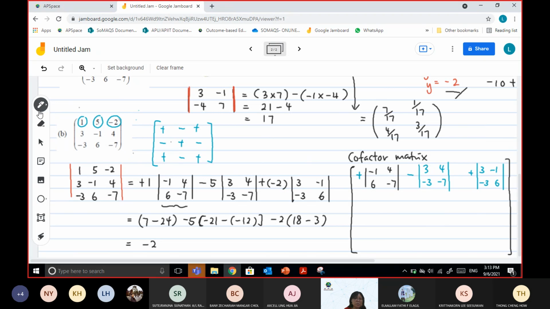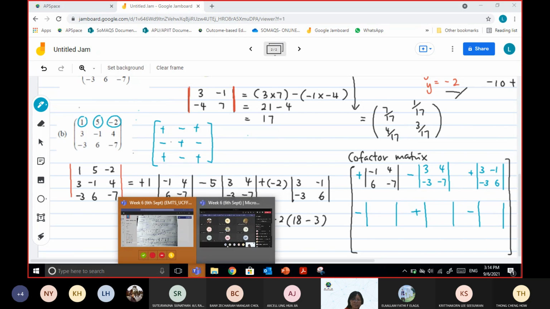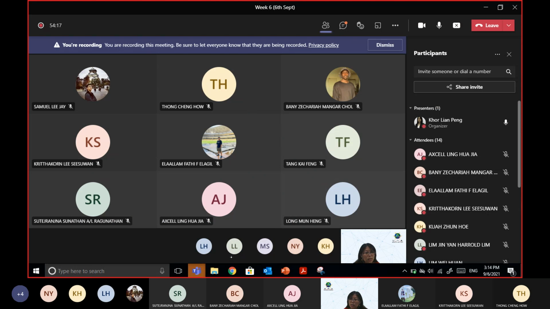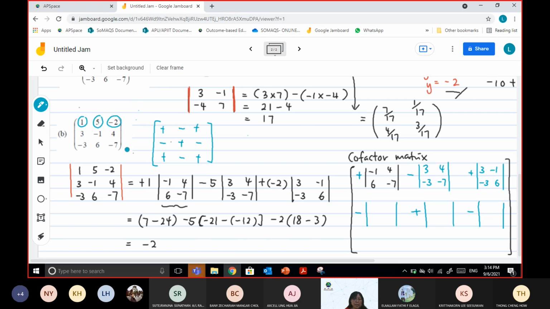Now come to the second row. The sign is minus, plus, then minus. Can I have the students tell me what the values here are? Junho? How about this value?